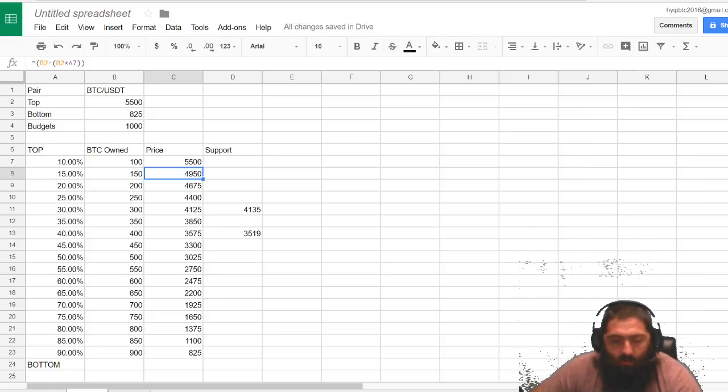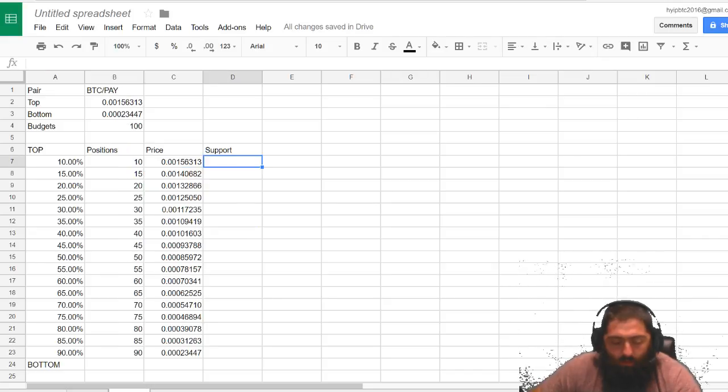I'm using USD as my positioning on Bitcoin. And then positioning on regular Bitcoin positioning. On this.